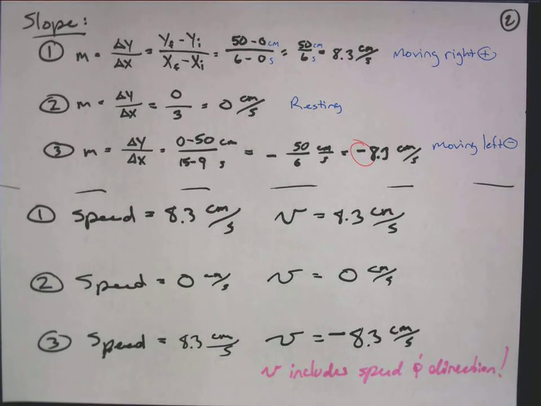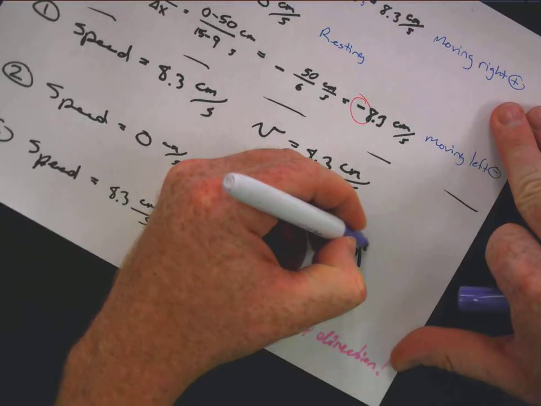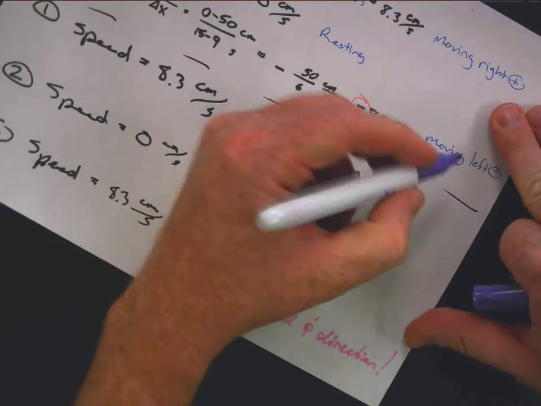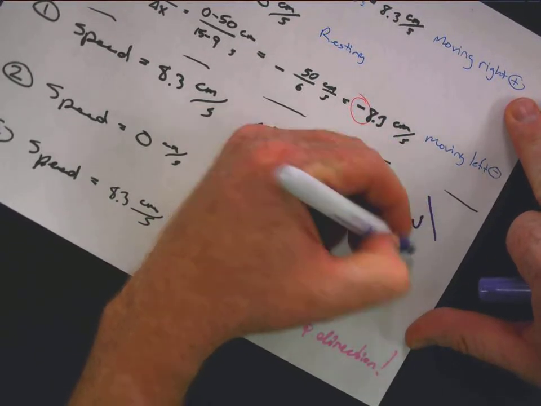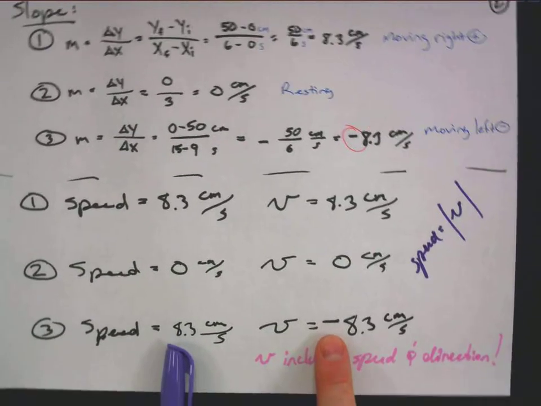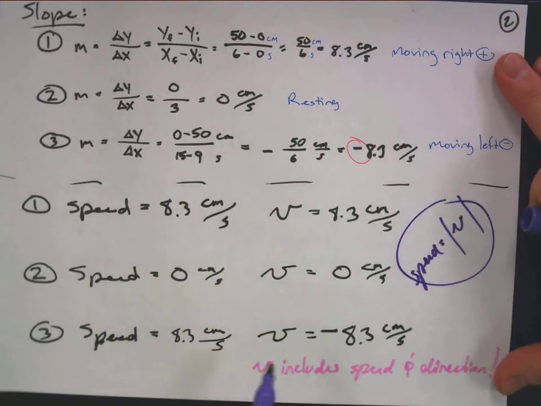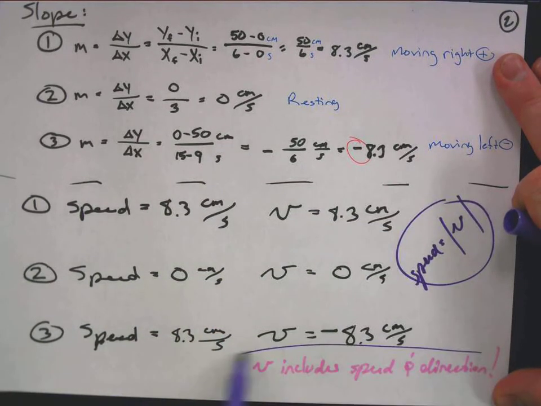You don't care which direction it's going if you're talking about the speed. So we drop the minus sign. It's almost like speed is equal to the absolute value of velocity, right? All we did for speed was we dropped the minus sign. So that's an interesting thing, maybe help you remember it. This is really important to remember.